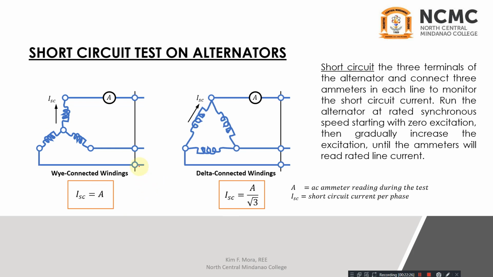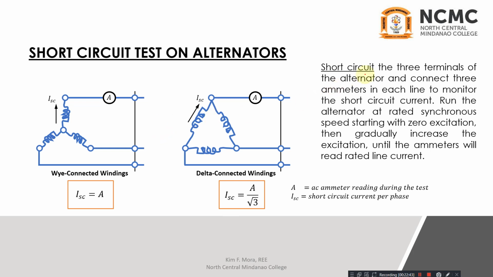So for the short circuit test on the alternator: in the resistance test we got the resistance, in the open circuit test we got the voltage, and in the short circuit test we get the current.